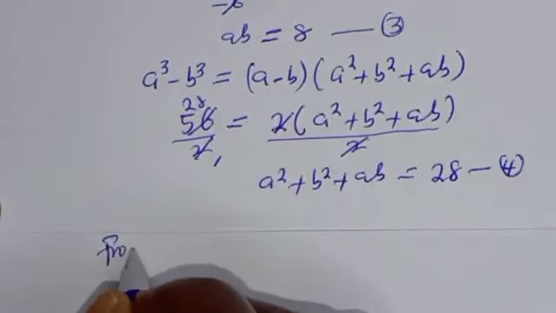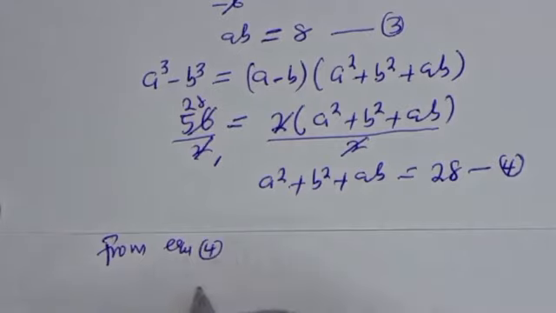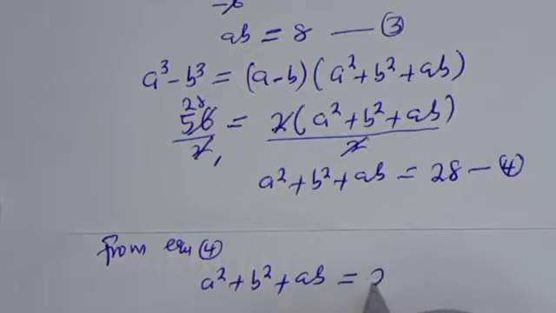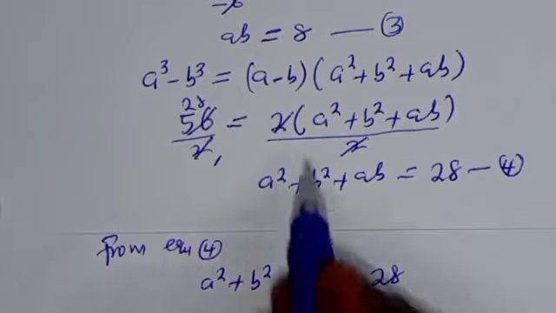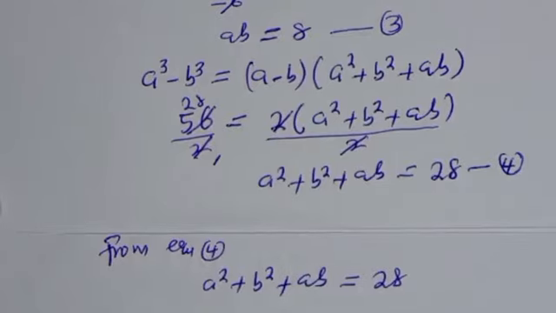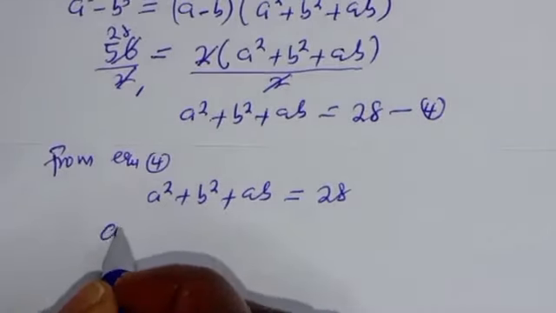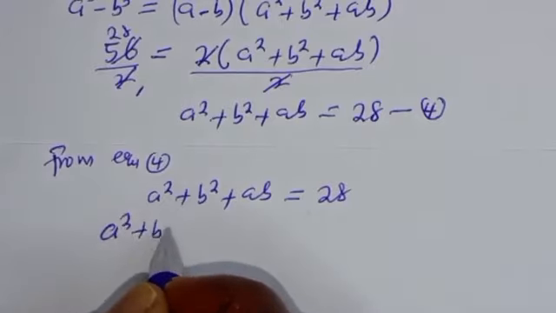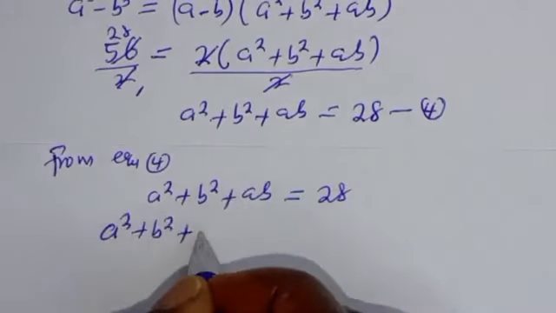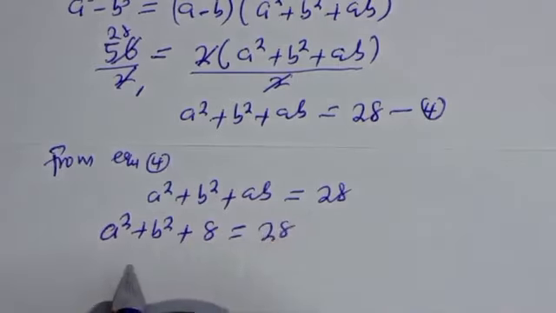Now from equation 4, a square plus b square plus ab is equal to 28. Then we know that ab is equal to 8 from equation 3. So this is a square plus b square plus 8 is equal to 28.